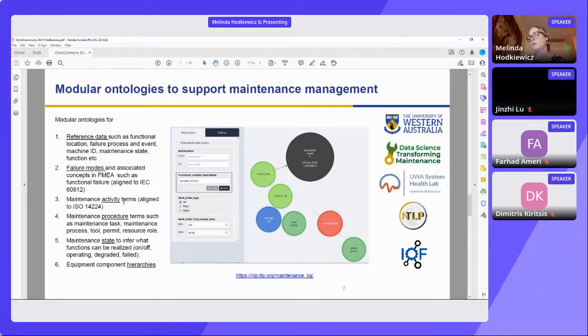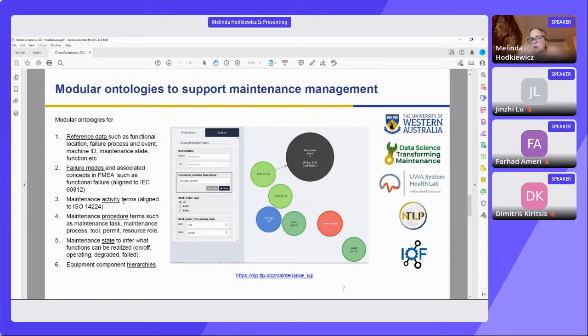And what we're doing is we're looking at little modular ontologies for each one of these. We're not trying to build an all walking, talking ontology. We've got reference data ontology. We've developed a failure modes ontology that's aligned to a major IEC standard. We have an activity terms ontology that we're working on right now.